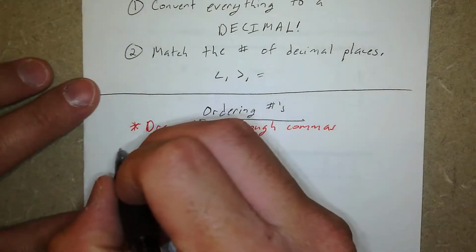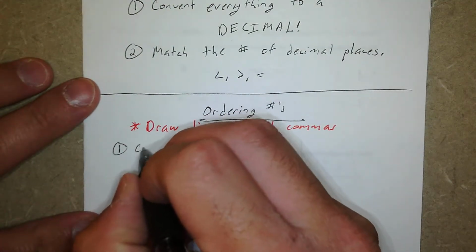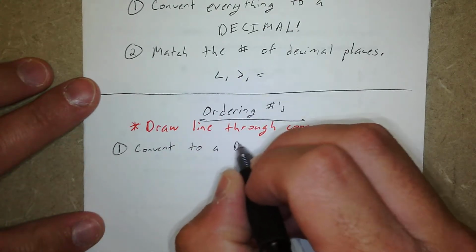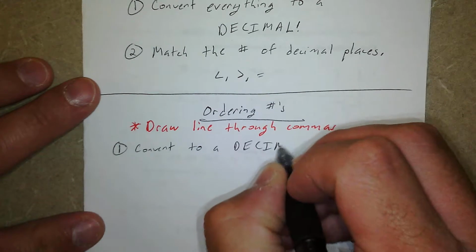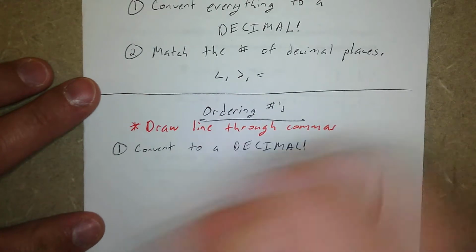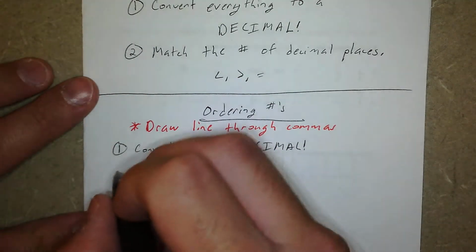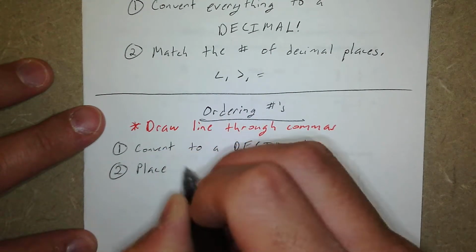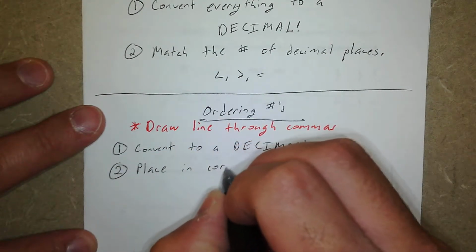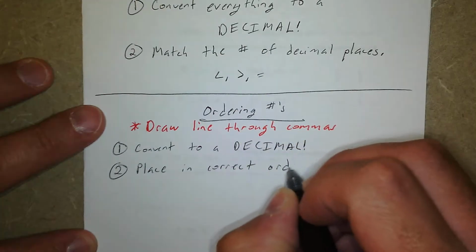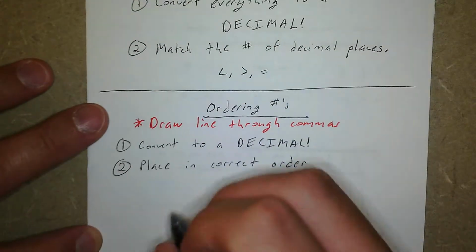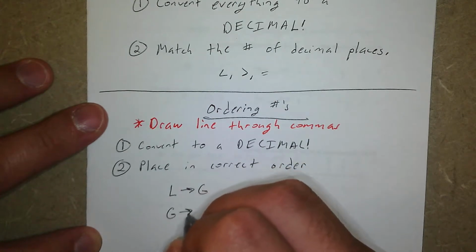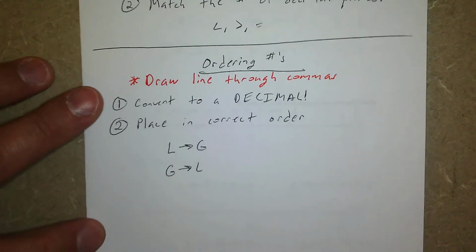Once you've done that, convert everything to a decimal. Next thing is to put them in order. Now you're either going to go from the least to the greatest, or the greatest to the least.